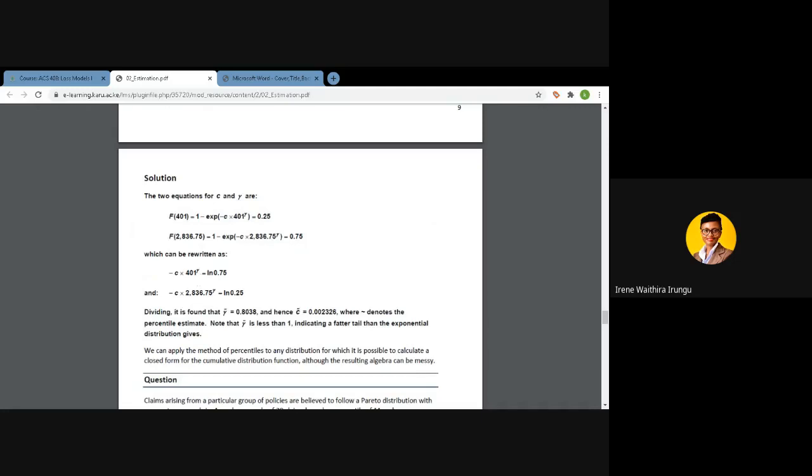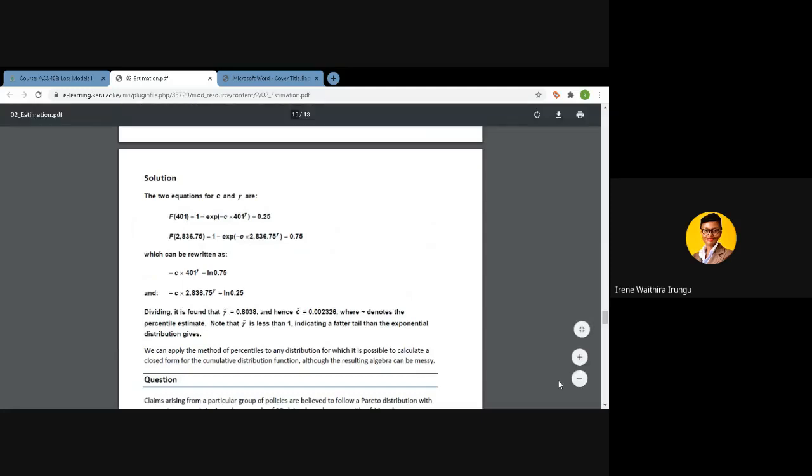Once you solve for gamma and obtain its value, you can substitute it in one of the equations to solve for c. The most important thing is how to express these particular percentiles, so that once you form the equations, the rest is simply simplifying.